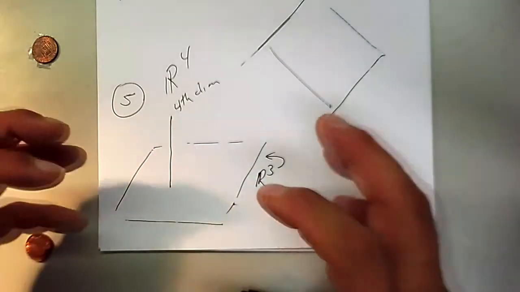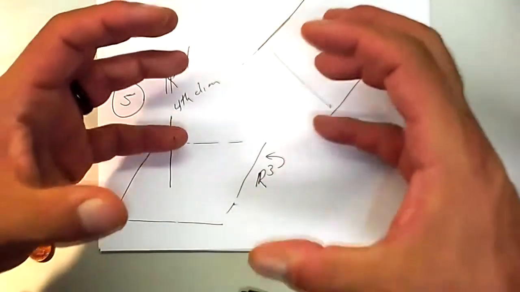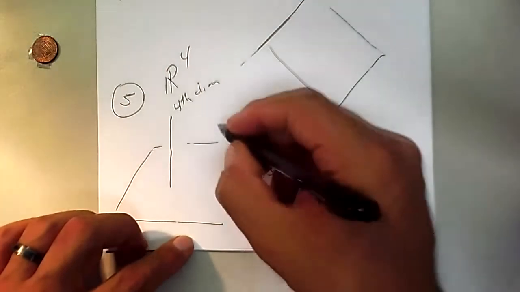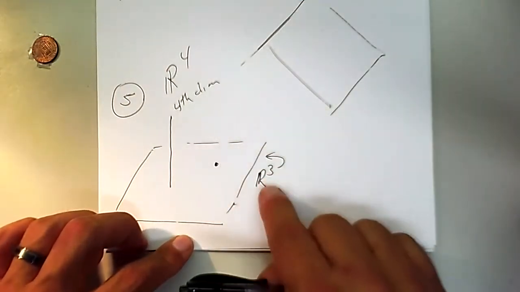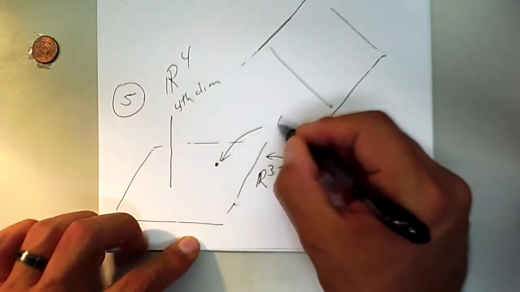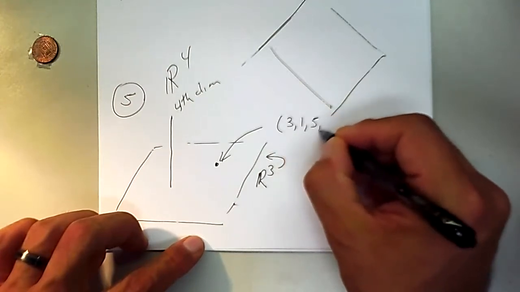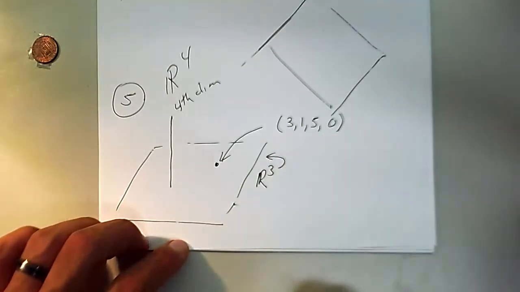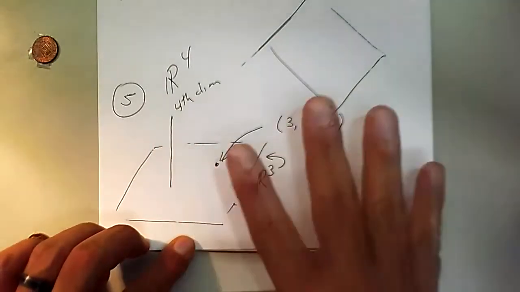So pretend we can collapse somehow all of R cubed, which is a 3-dimensional space, into a plane. There it is. So for instance, this point on this 3-dimensional space could be 3, 1, 5, 0. 0 because it doesn't go off into the 4th dimension.